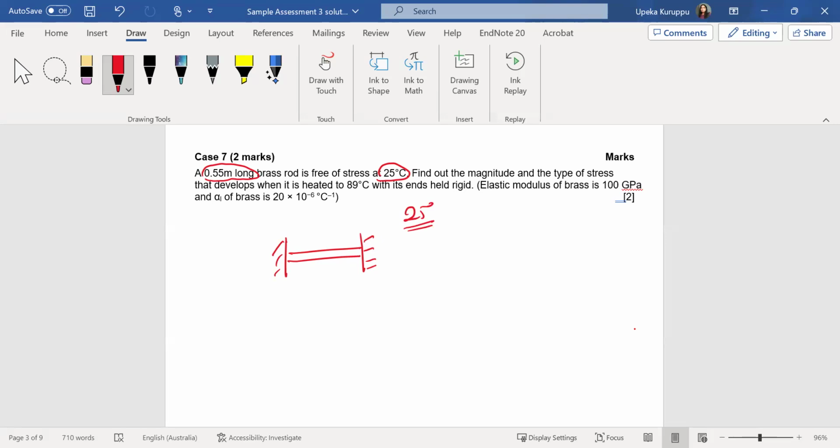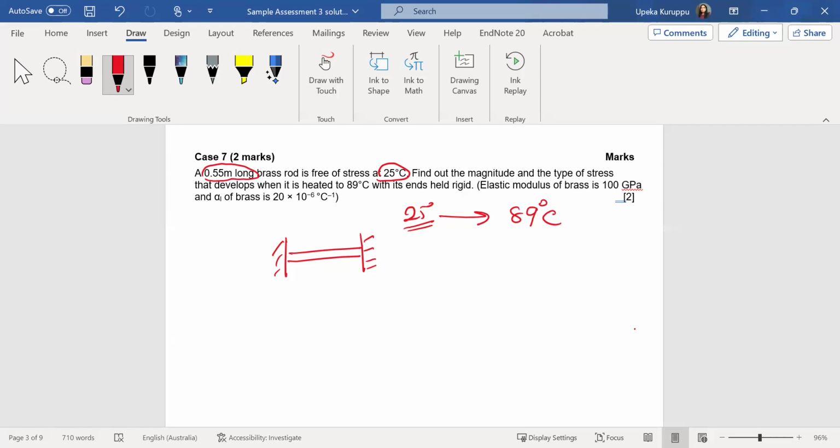Find the magnitude and the type of stress that develops when it is heated up to 89 degrees Celsius. When you heat up the material, what will happen? It expands. Now it's trying to expand, but the support is not allowing it to expand.